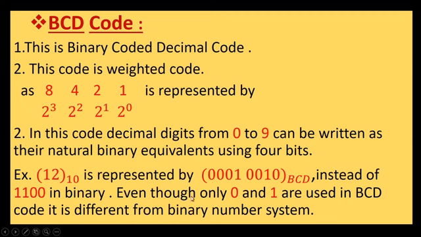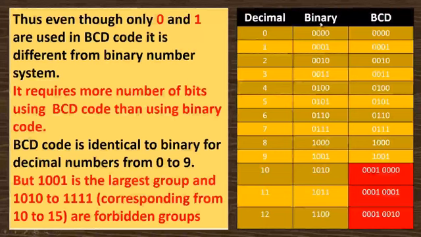Now, instead of 1100 in binary, even though only 0 and 1 are used in BCD, the code is different from the binary number system. Difference between binary and BCD numbers.